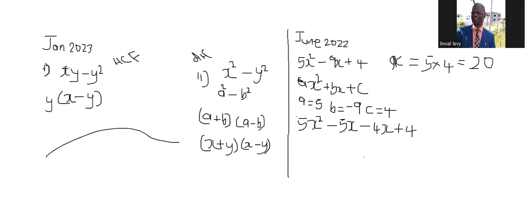So we're going to group them, and then we take out the highest common factor from each bracket. So the highest common factor for 5x squared and -5x would be 5x. All right? So 5x is common here.